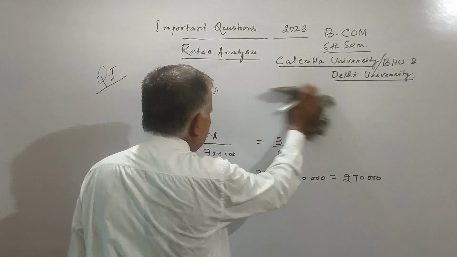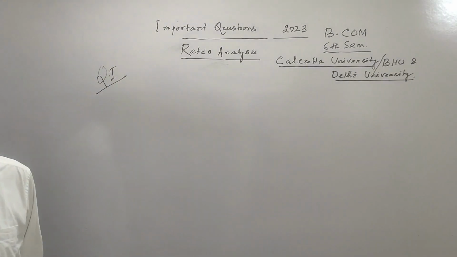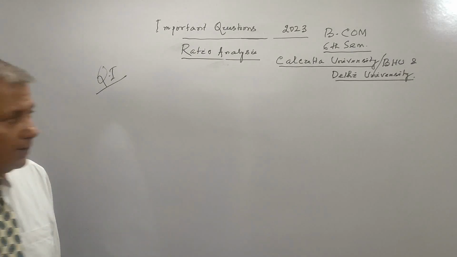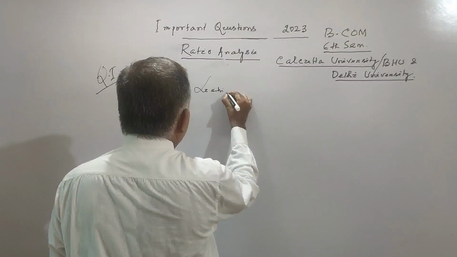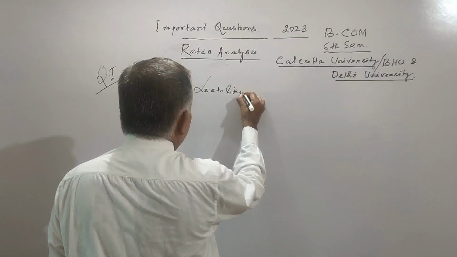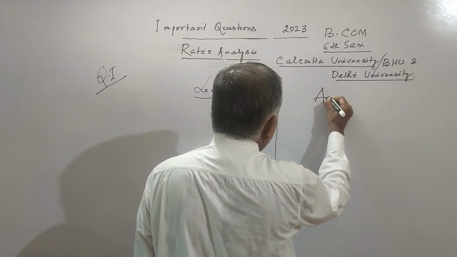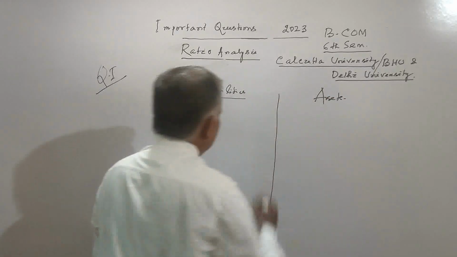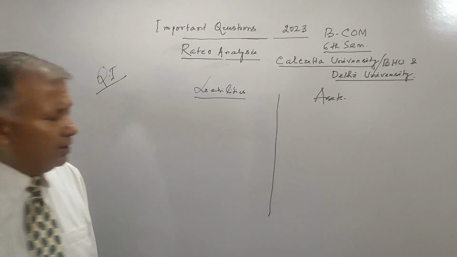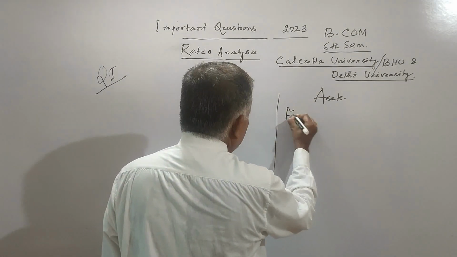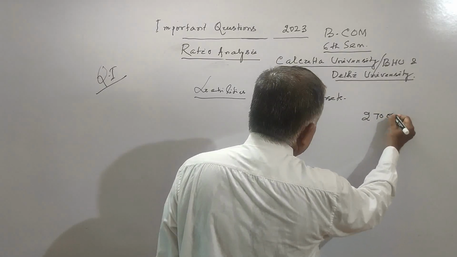We can prepare the balance sheet as they ask you to. Now this is your liabilities. This is your assets. Fixed asset we have already found out, 2,70,000.